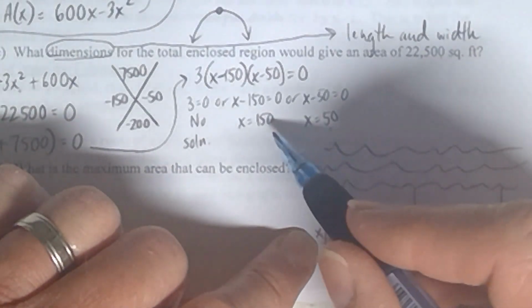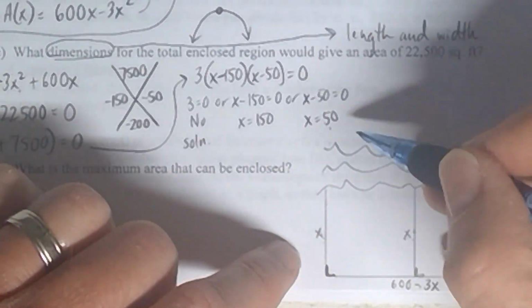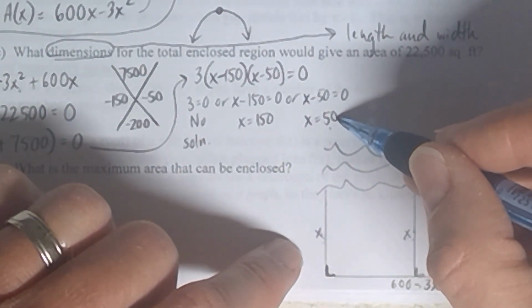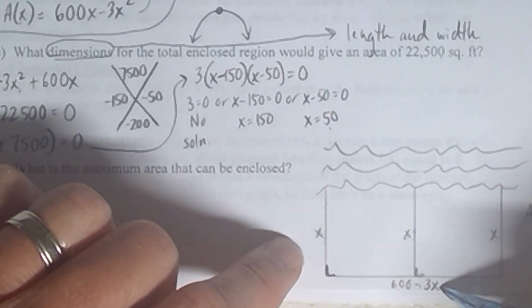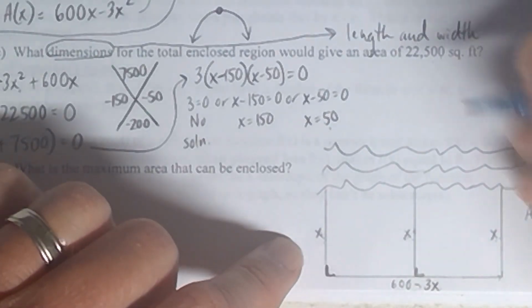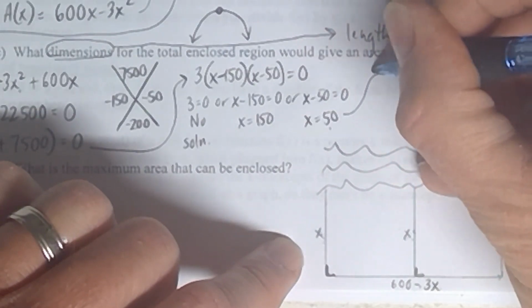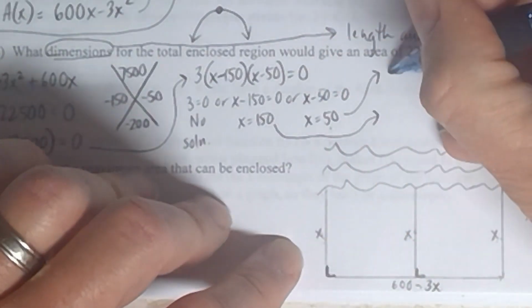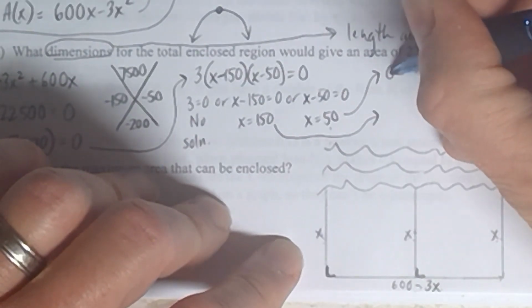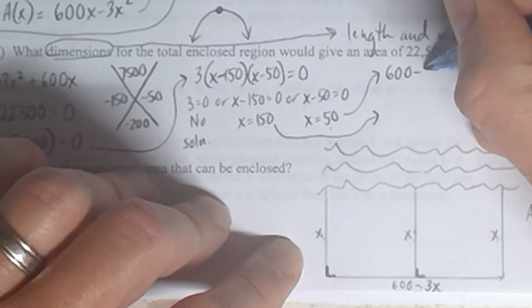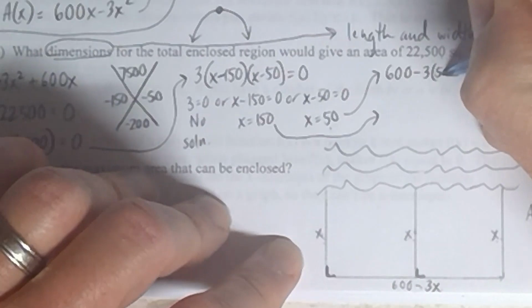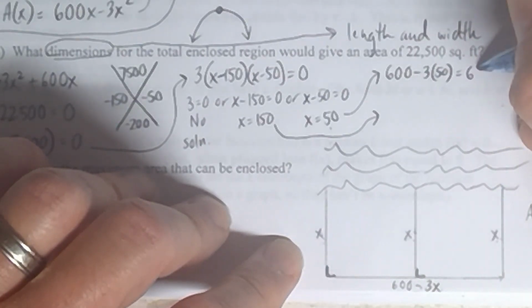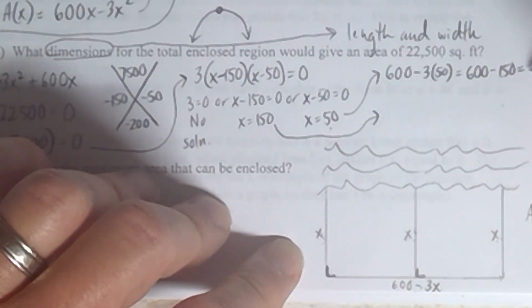So whatever, if this, for example, is 50, then you plug in the 50 into that to figure out what this side is. Let's go ahead and do that right now. Okay, so I'm going to do that for 50, and then I'll also do it for 150. So for 50, the other side, the bottom side there with the 600 in it, that's going to be equal to 450.